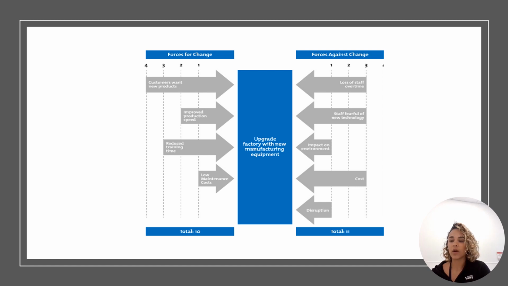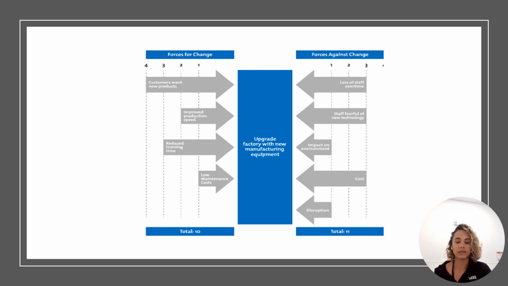After that, the project manager will estimate numerically how influential each factor is. Then you have a total of how much influence there is against and towards that change.